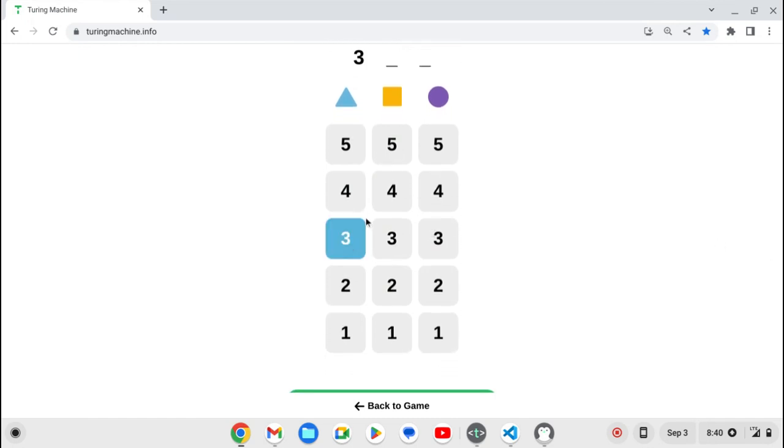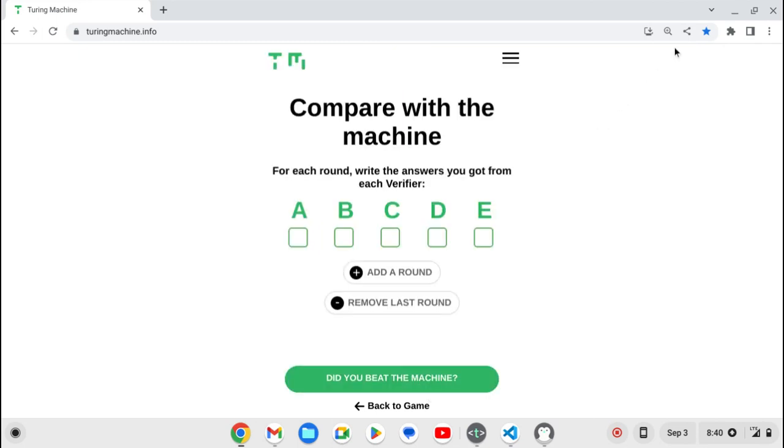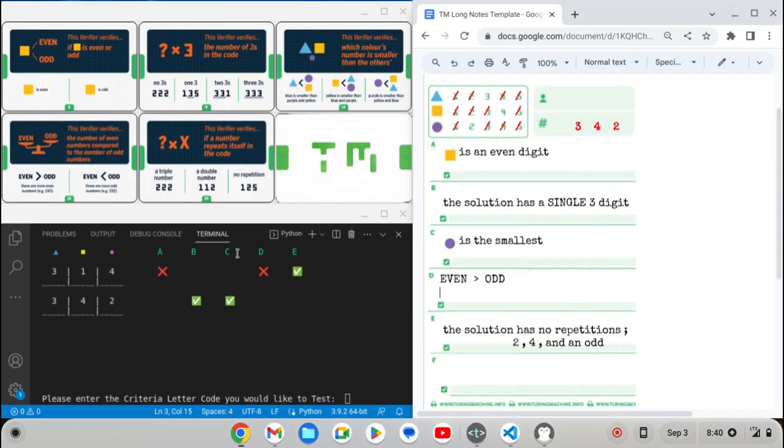All right, so 342. Awesome. And now let's see, how did we do versus the Turing machine? So we did test all 5 criteria cards. In the first round we did A, D, E and got the first 2 wrong. And then B, C, we got them correct.